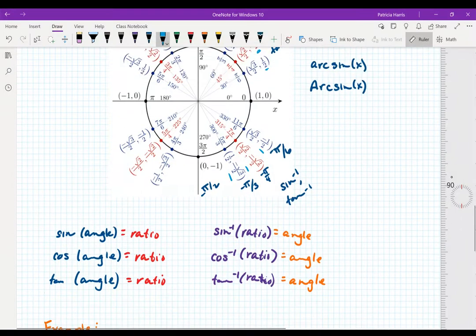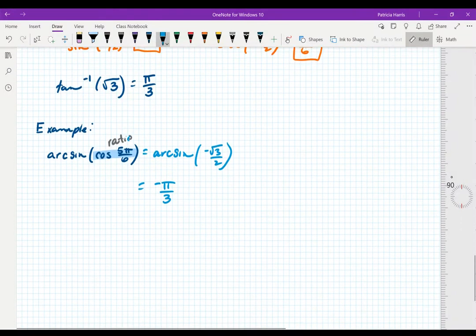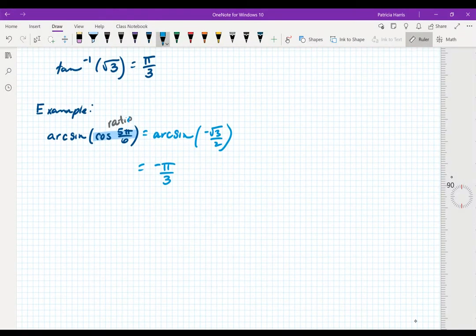All right. Let's try another one of those. Let's do tangent of the arc cosine of 1/2. Okay, so this right here, you're going to work from inside out. So this right here, you're going to get a ratio.